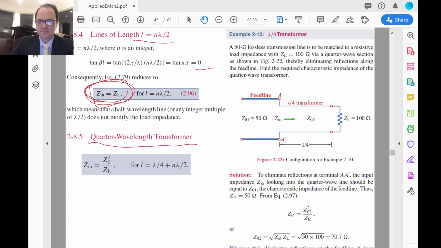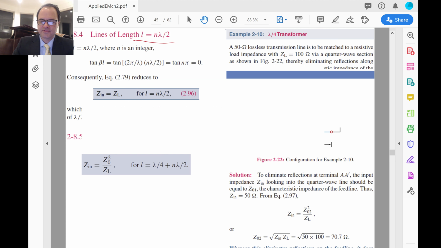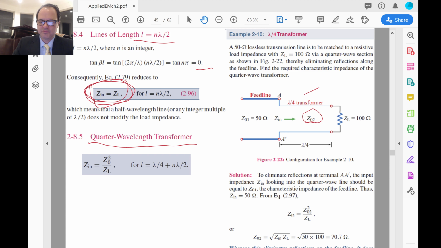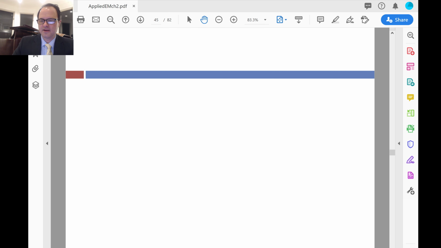So that is where the quarter wavelength transformer comes in. Because what you can do is create another line that has a different characteristic impedance, Z02, and have it of a certain length such that the input impedance will be equal to the impedance of the first line.